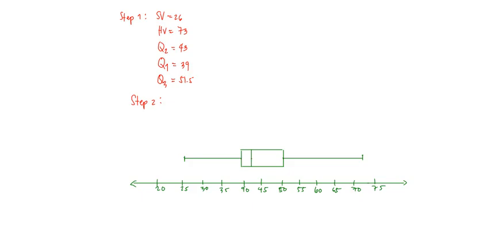Tapos, may use to class. Yung use nito is, one use of this one is to determine kung symmetric ba or skewed or anong type of skewness meron yung ating data set or yung distribution. So, as you can see here, yung ating median is papunta siyang left.